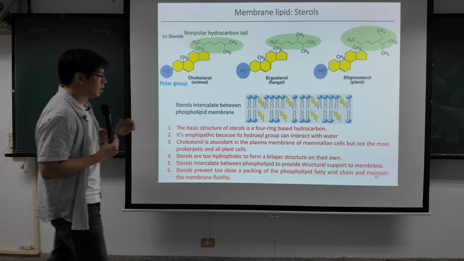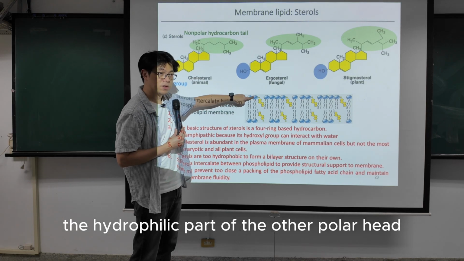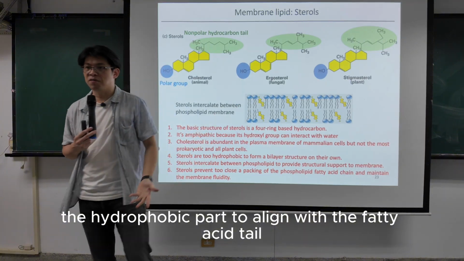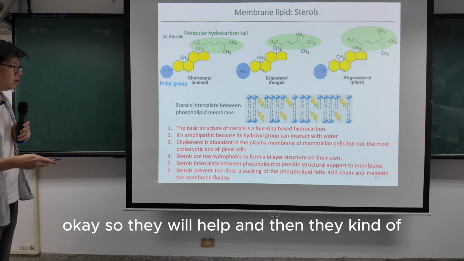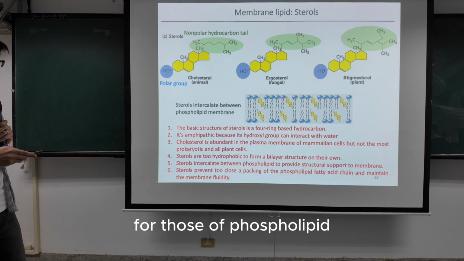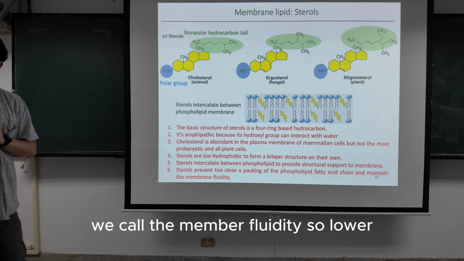But again, they still use the hydrophilic part to align with the hydrophilic part of the other polar head groups, and use the hydrophobic part to align with the fatty acid tails. So they will help, and they can also generate some space for those phospholipids and increase what we call the membrane fluidity.